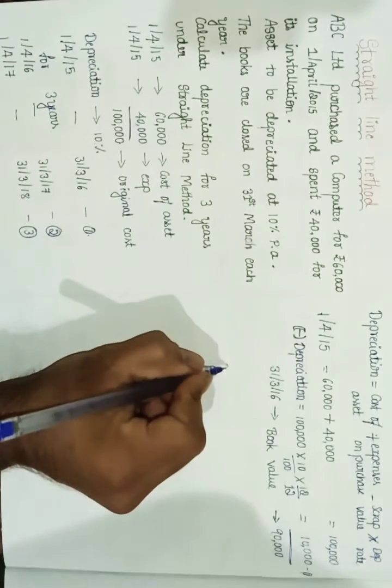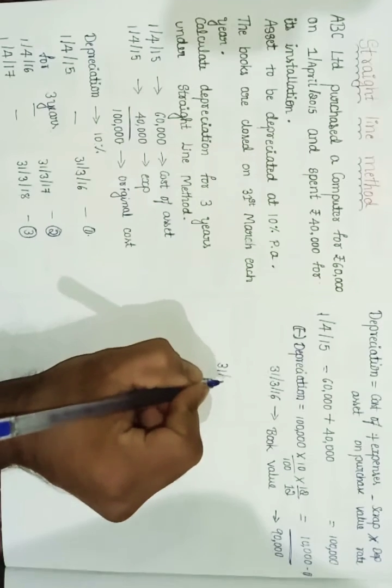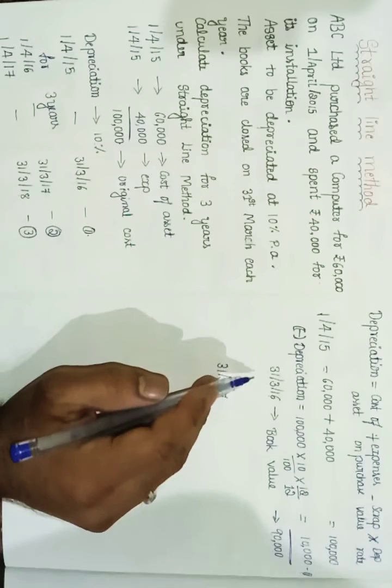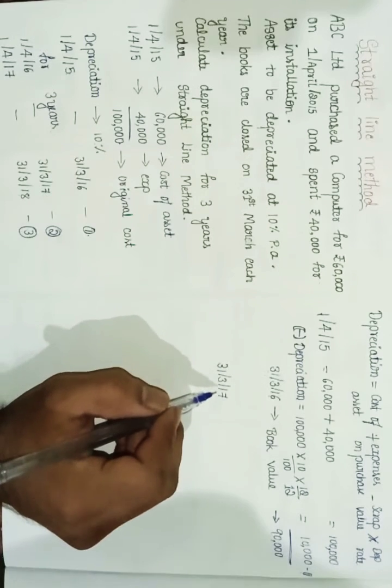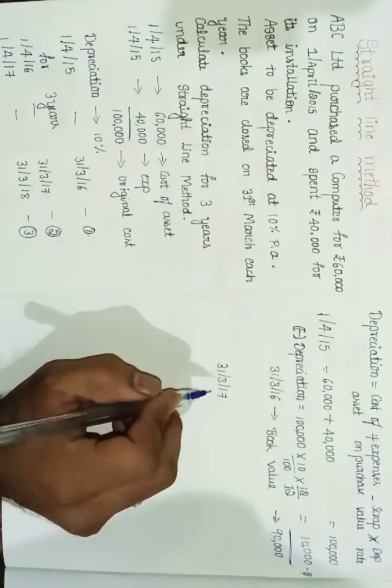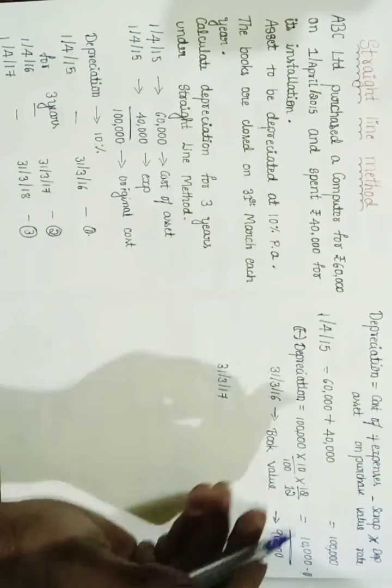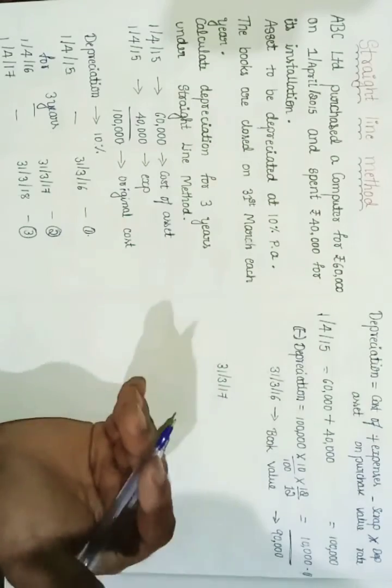From 1st April 2016 to 31st March 2017, from beginning to closing date, we are going to use this 90,000 rupees worth of asset. Because of its usage, the asset value will decrease.